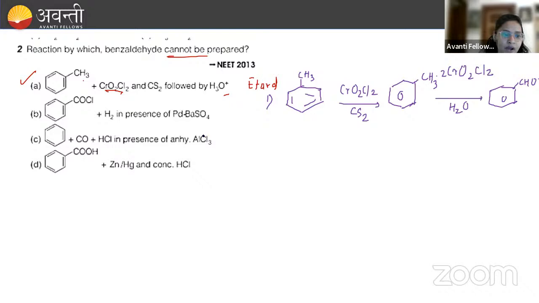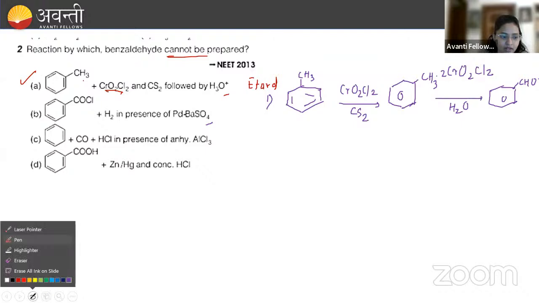Look at the second reaction. Benzoyl chloride is reacted with H2 in presence of Pd-BaSO4. What is the name of this reaction? We have seen this reaction just now. Yes, this reaction is Rosenmund reaction, Rosenmund or Rosenmunds, whatever you are willing to call it.